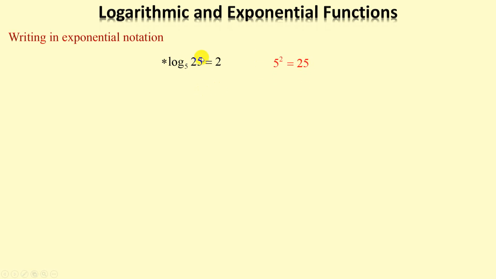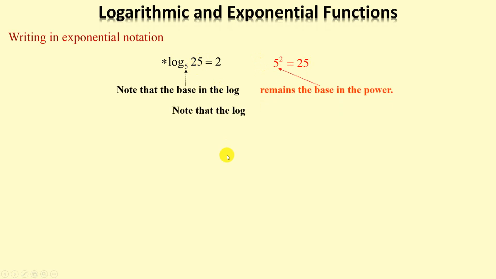And there is the exponential form, and there's the logarithmic form. And of course, the base of the log is the base in the power. There are 5 base, 5 base. The log is the exponent in the exponential function.